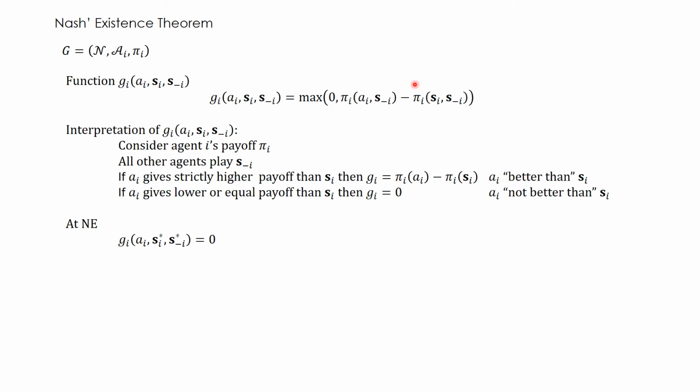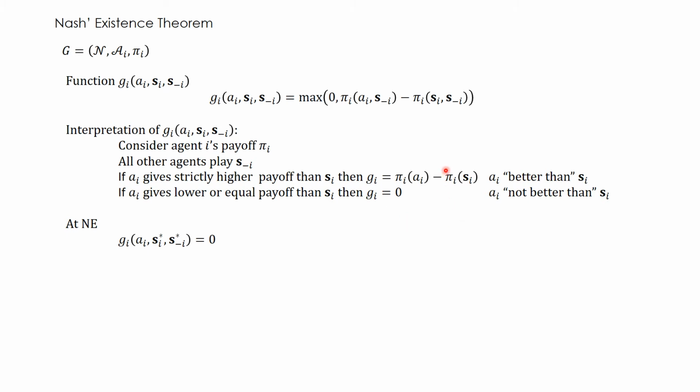Now, on the other hand, if the pure action AI is not better than the mixed strategy SI for that agent's payoff, then this would be higher than this. So the difference here would be negative, and we are thresholding it to 0. So the function will give a value of 0.